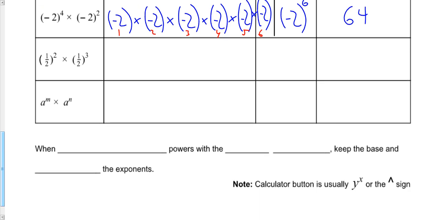Even if I have a fraction, I can still work with this. As a fraction, I have 1/2 to the exponent 2 times 1/2 to the exponent 3.